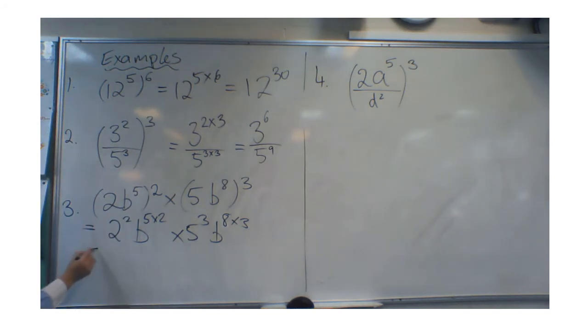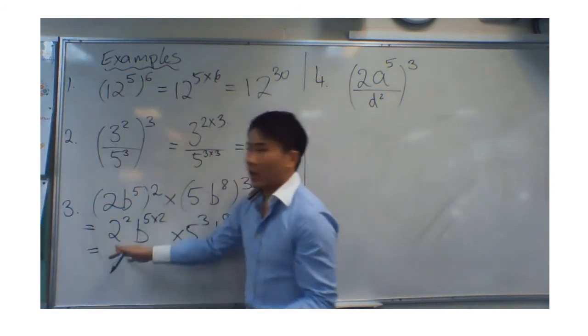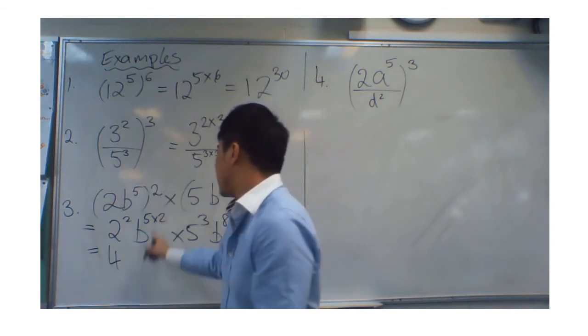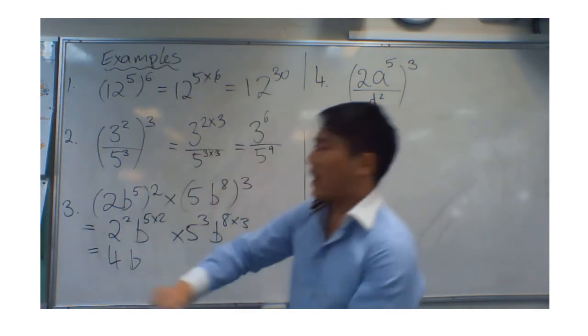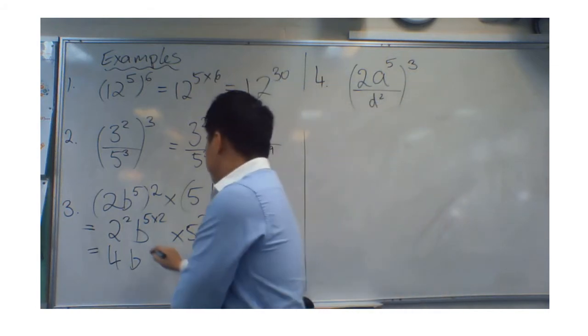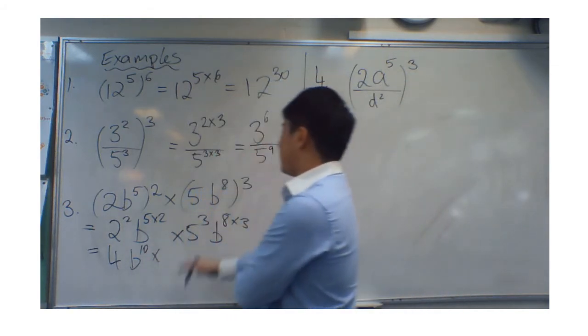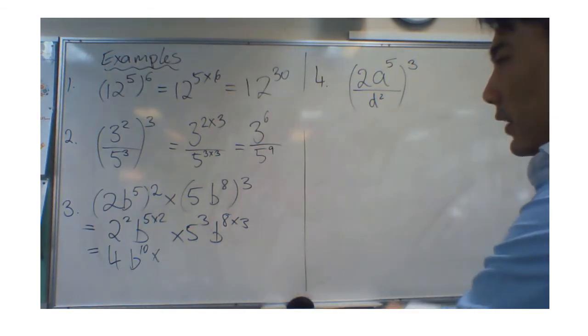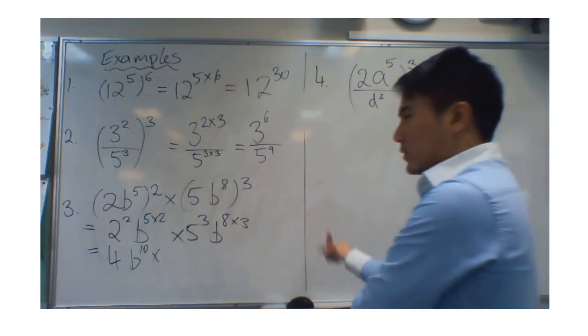So I have 2 to the power of 2 is just 2 times 2. 2 times 2 is 4 times b to the power of 5 times 2 is 10. Multiplying by 5 to the power of 3. 5 to the power of 3 is 5 times 5 times 5. 5 times 5 is 25 times 5, 125.